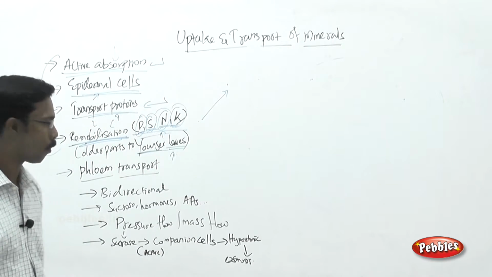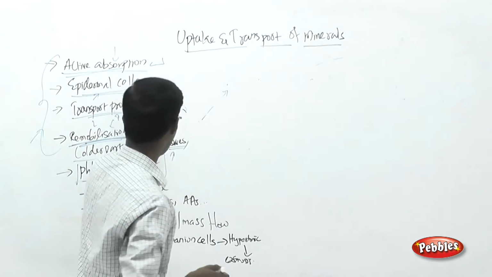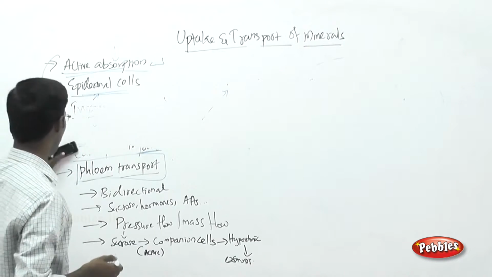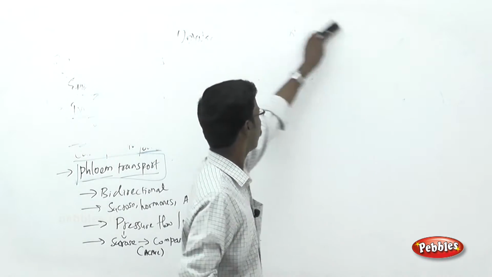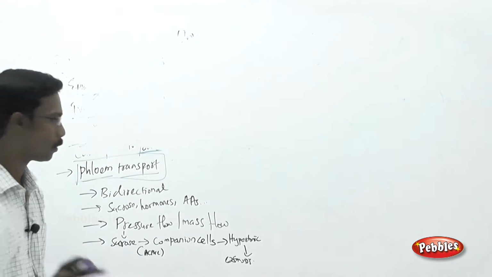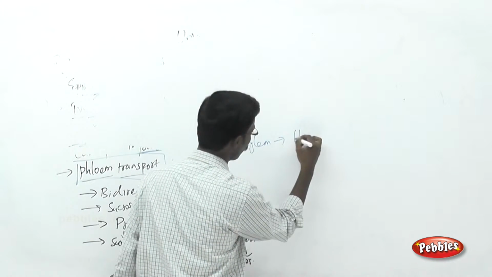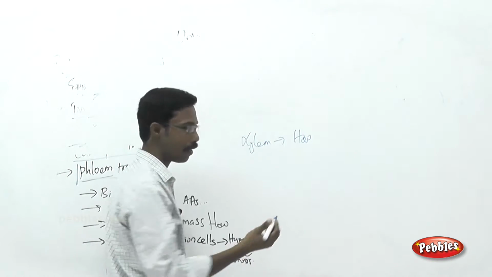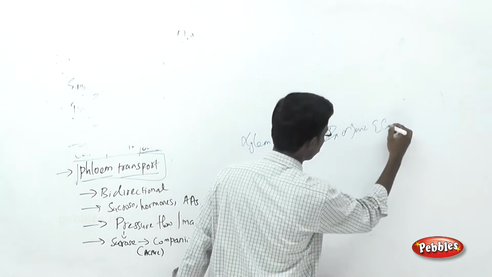Now we are going to enter into the next topic, the phloem transport. As I told you, till now we have seen the transport through the xylem, and now we are going to see the phloem transport. So what is the difference between xylem and phloem? As I told you, xylem normally is involved in the transport of water. Normally we can say the transport of inorganic elements.